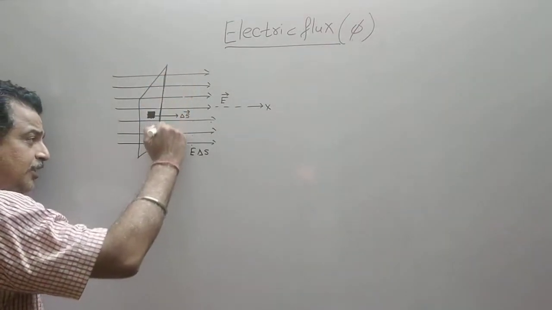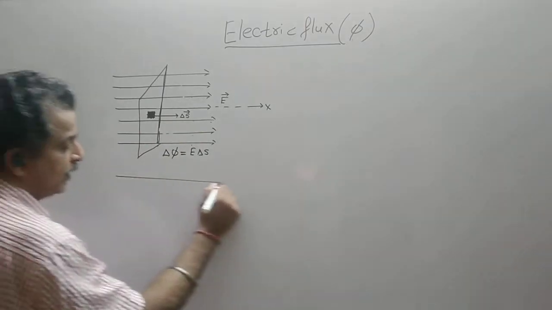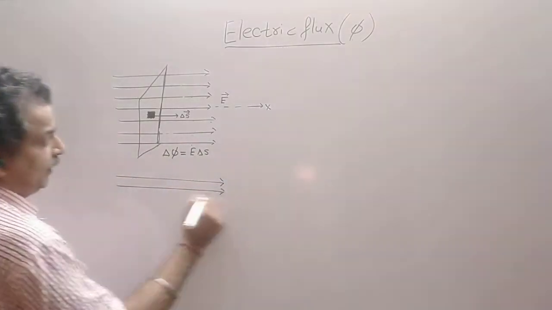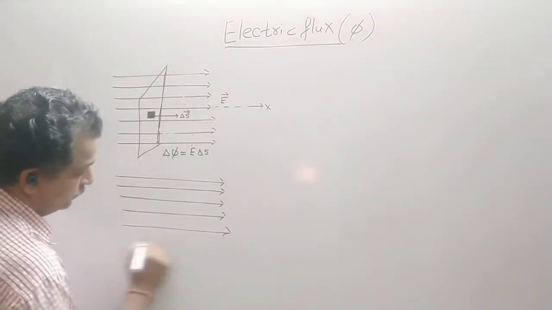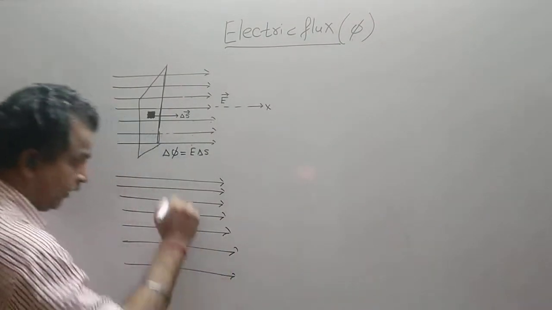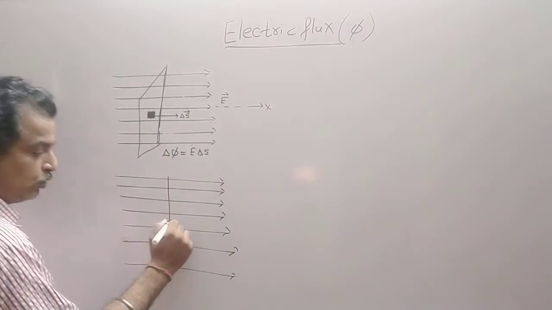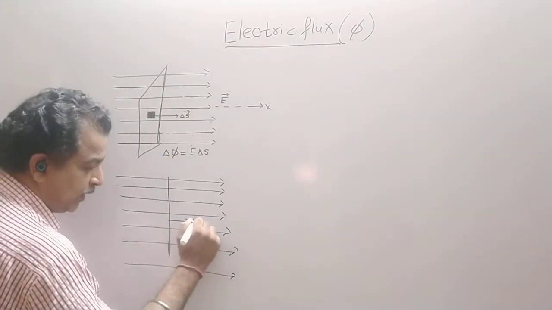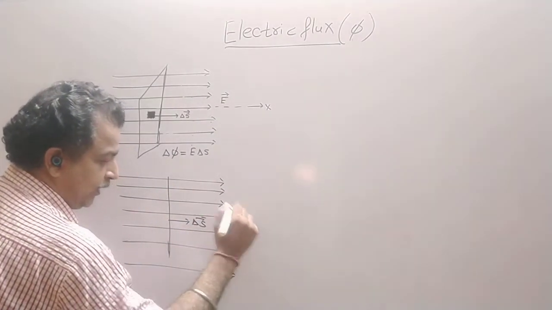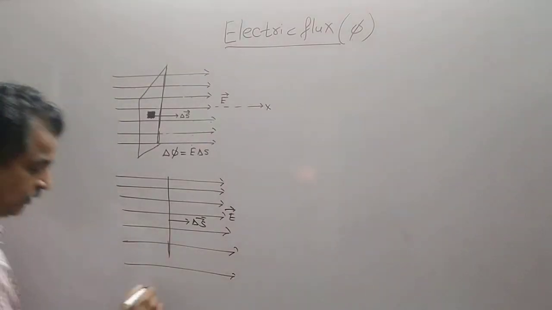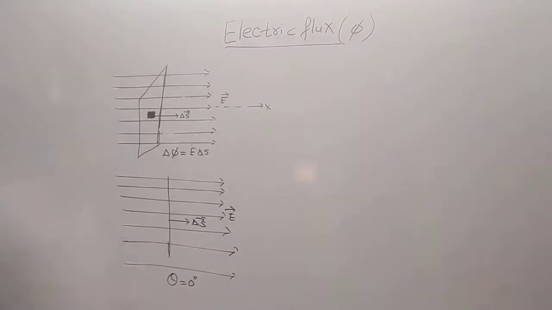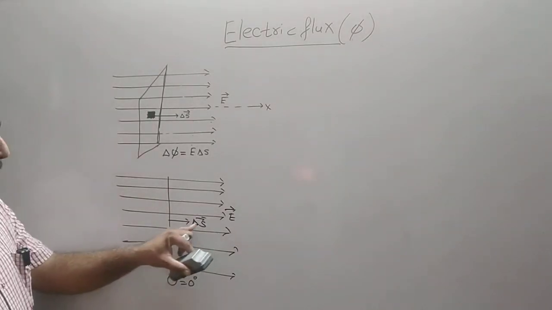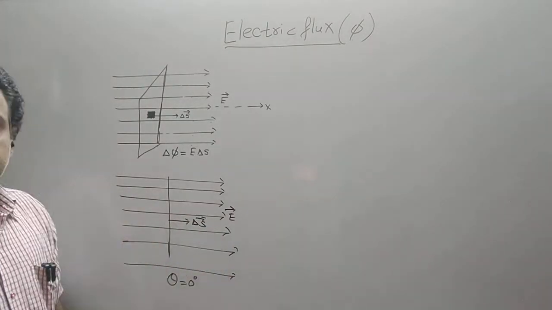If I consider this length or this line, I can represent it like this. So this is your delta S vector and E vector in the same direction. In other words, I can say theta is equal to 0 degree, where theta is the angle between S vector and E vector.